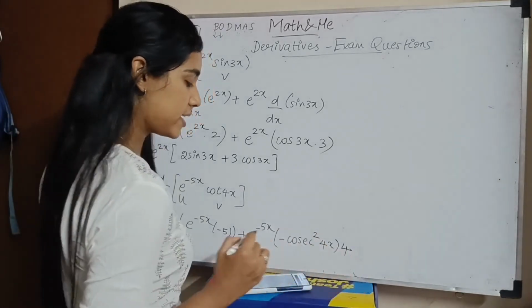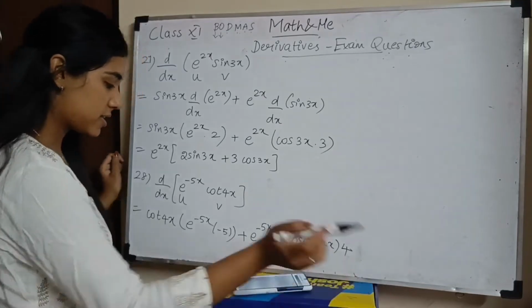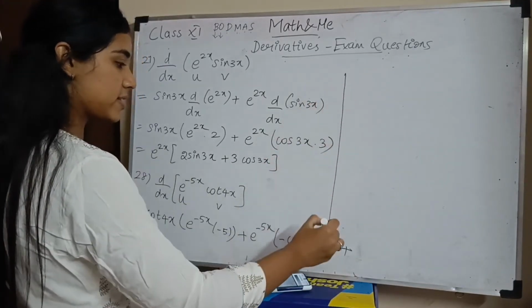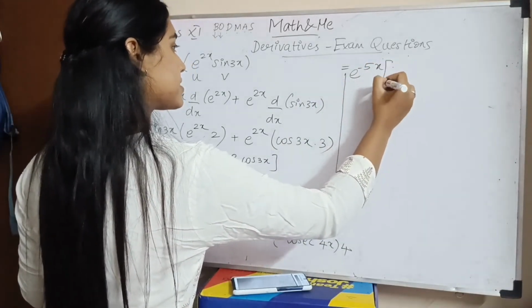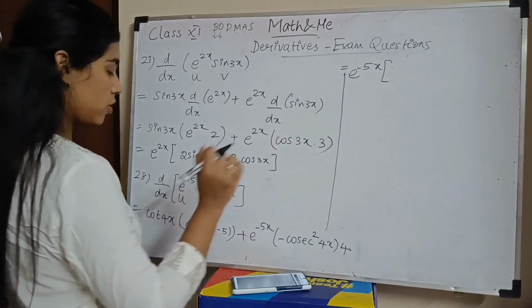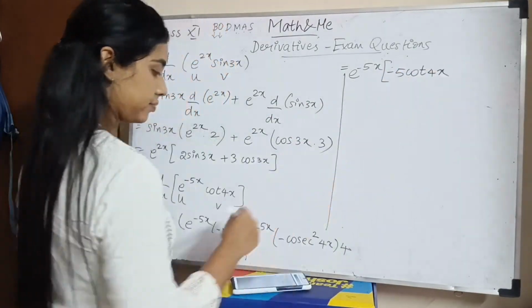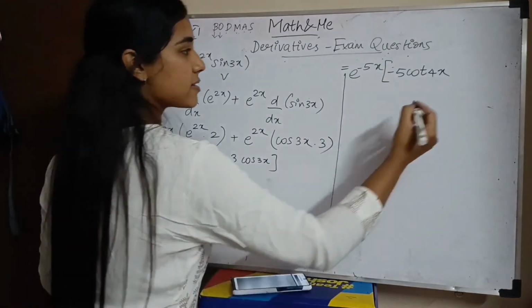So derivative of 4x is 4. So what will be your answer? Taking e to the minus 5x to be common, e to the minus 5x times minus 5 cot 4x minus 4 cosecant square 4x.